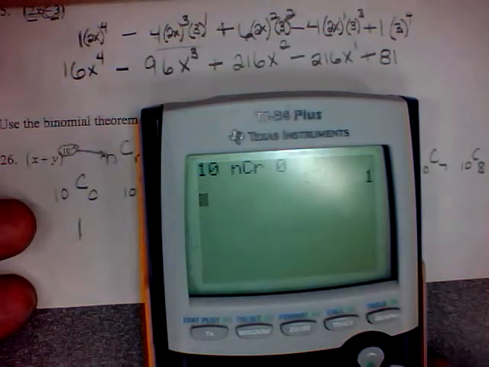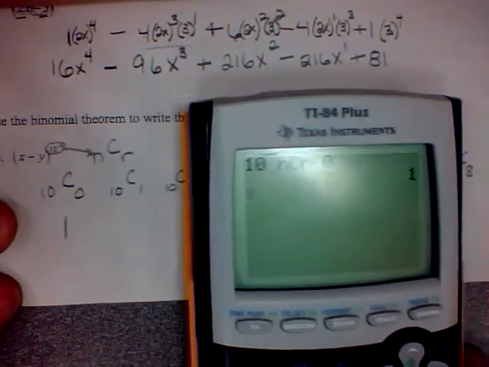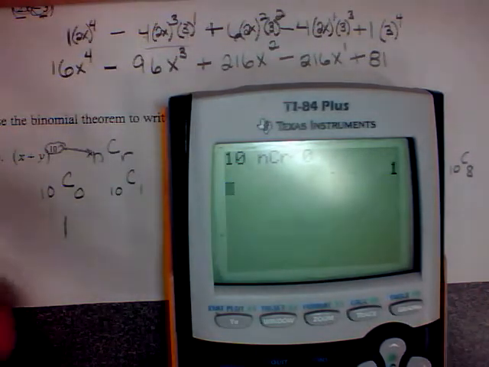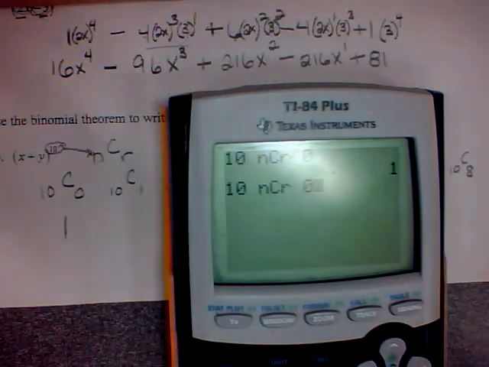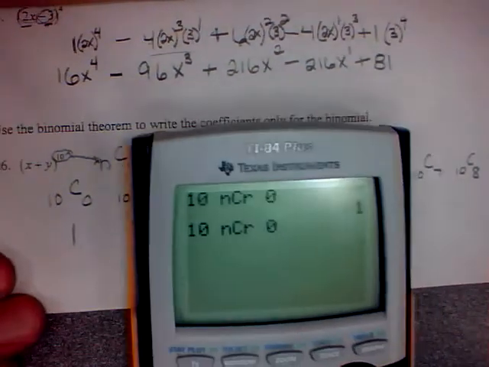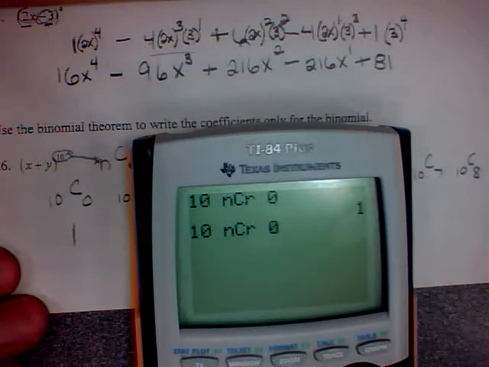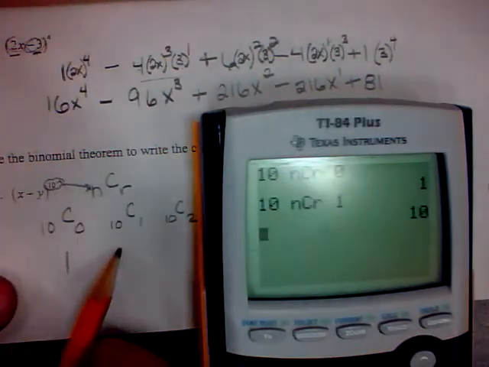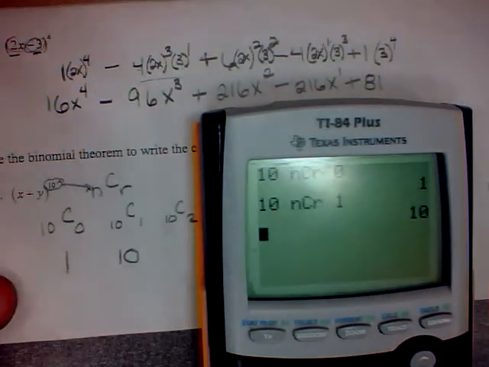Now the second term we also should know, because the second term should match the power, so this should be a 10. And in order to do this quickly, I would recommend hitting second and your enter key on your calculator, which will recall that right away. Then you can just backspace and turn that 0 into a 1, hit enter, and voila, that's a 10.